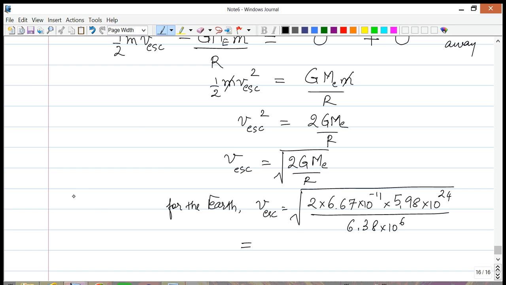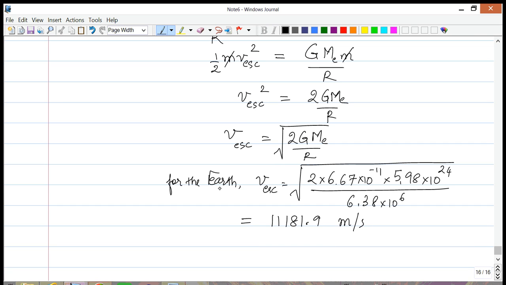Alright, we can calculate this number. So this value ends up being 11181.9 meters per second. So it's about 11.2 kilometers per second.